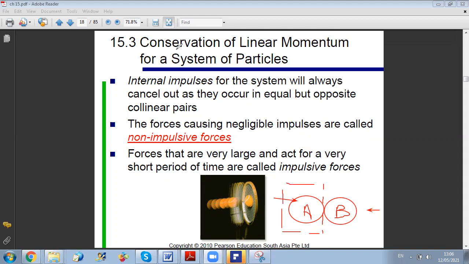So this is A. There are certainly the ordinary forces, but they are non-impulsive compared to the impulsive force, let's say the weight. And if the balls are on a horizontal table, for example, we have the normal. If it is a smooth surface, there is no friction. If it is rough, we can put mu k times N, so we need to find the normal reaction, calculate it, and multiply N by mu k. Now, for the interaction between A and B, what do we have? We have the impulsive force.